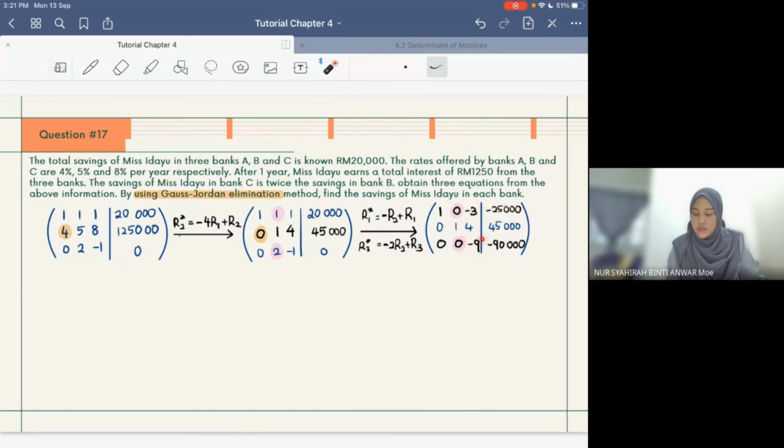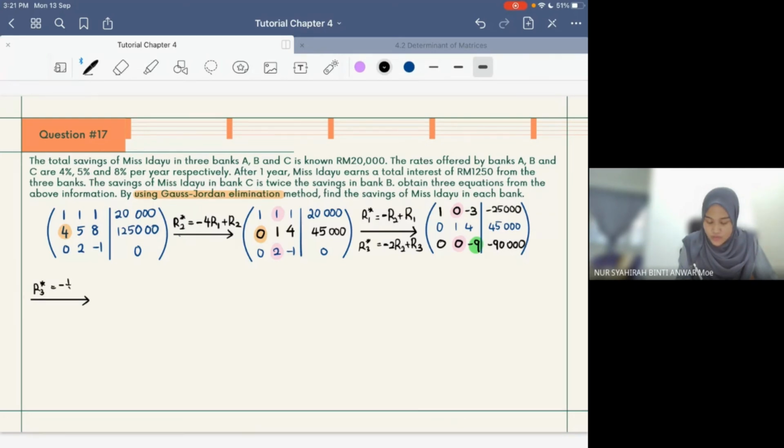So in the third column we have to change the negative 9 first. We want to change this negative 9 to 1. So row 3 star equals negative 1 over 9 row 3.